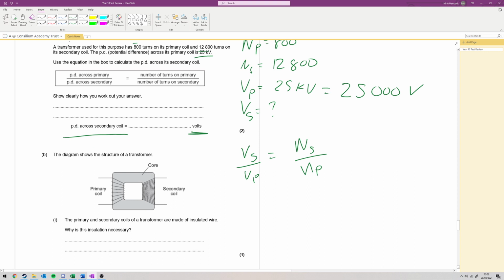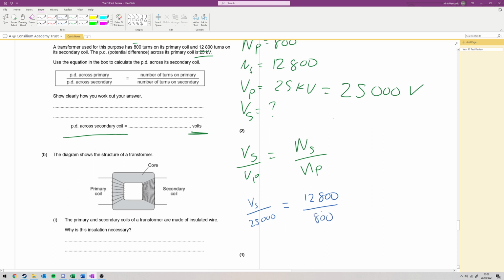Now, let's put the values in. My voltage across the secondary is what I'm trying to calculate. So voltage secondary divided by voltage primary, 25,000, equals number of turns on secondary, which is 12,800, divided by number of turns on the primary, which was 800.